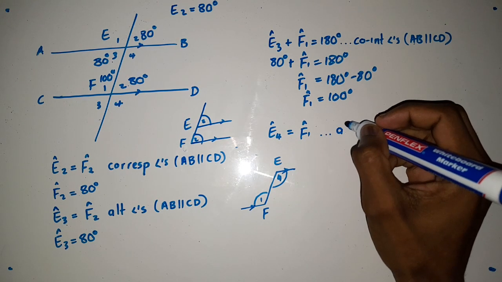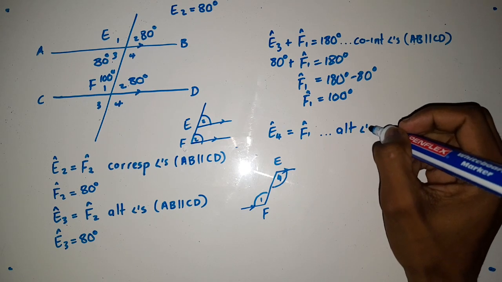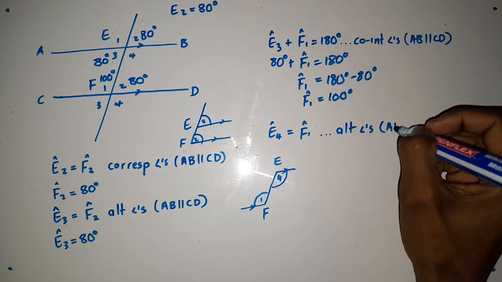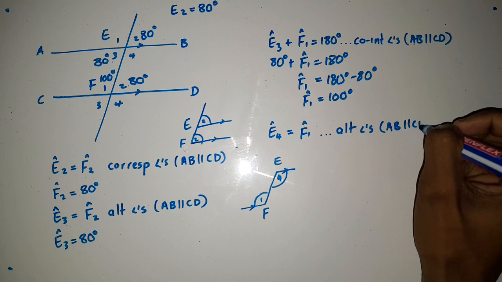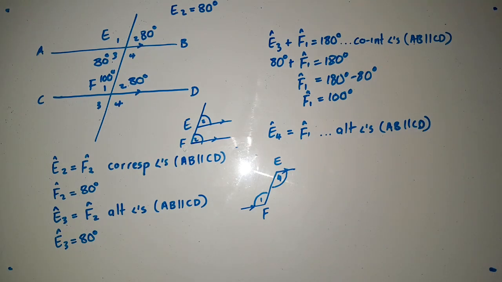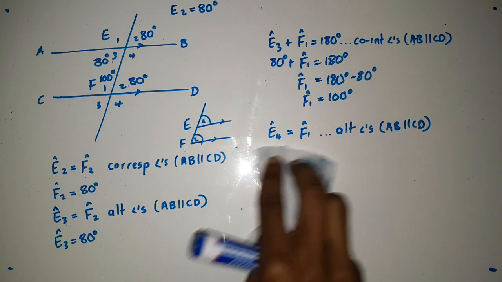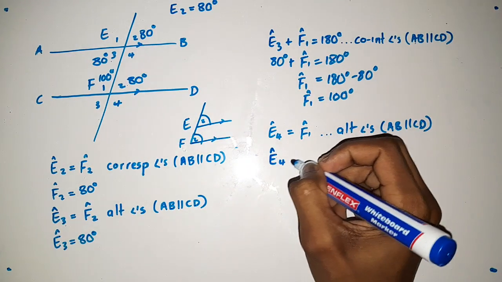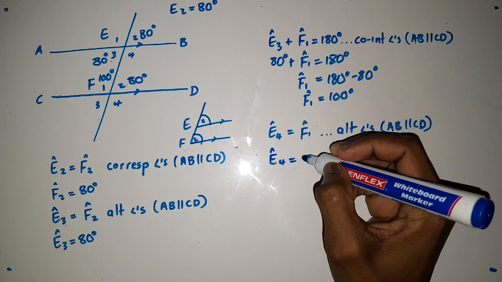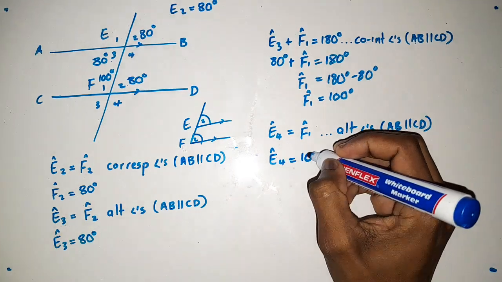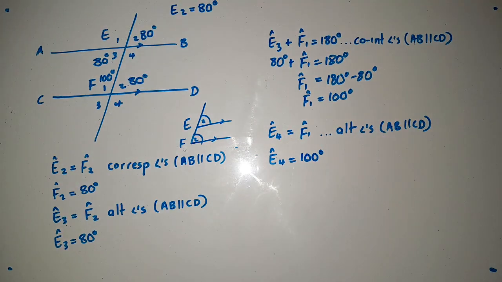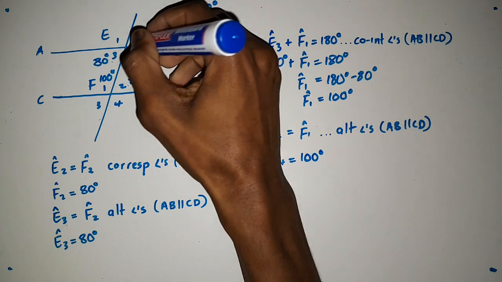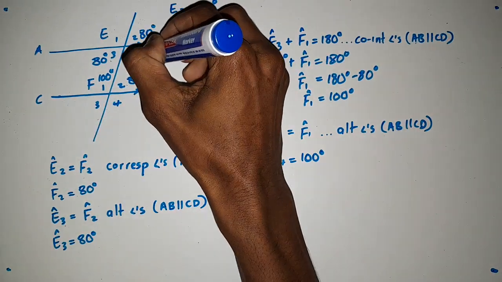You see, we get alternating angles where AB is parallel to CD like this. Therefore, our E4 is going to be equal to 100 degrees like this. Then we have 100 degrees.